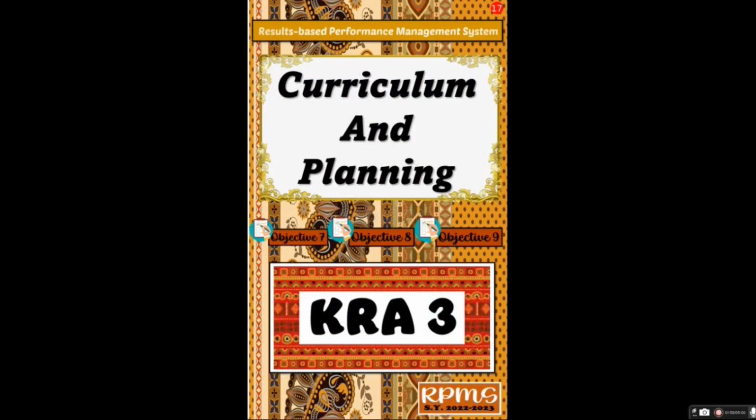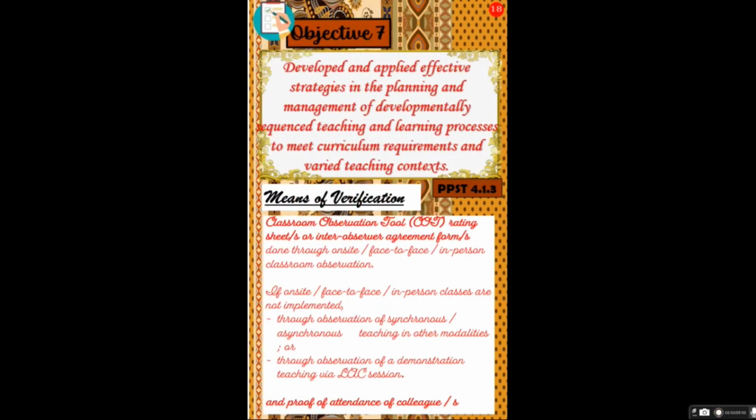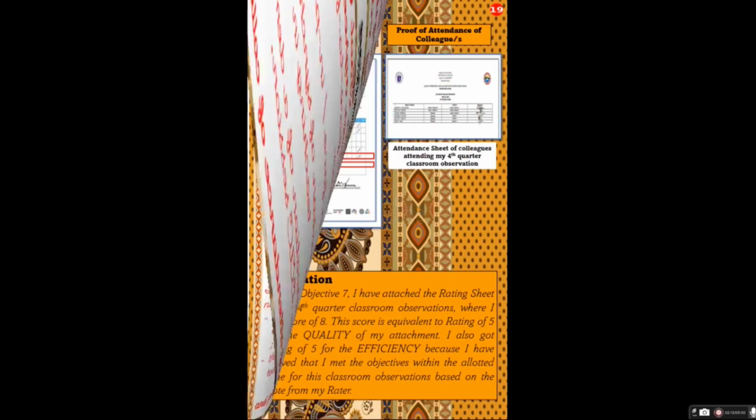And last one, curriculum and planning KRA number 3, objective number 7: develop and apply effective strategies in the planning and management of developmentally sequenced teaching and learning processes to meet curriculum requirements and varied teaching contexts.